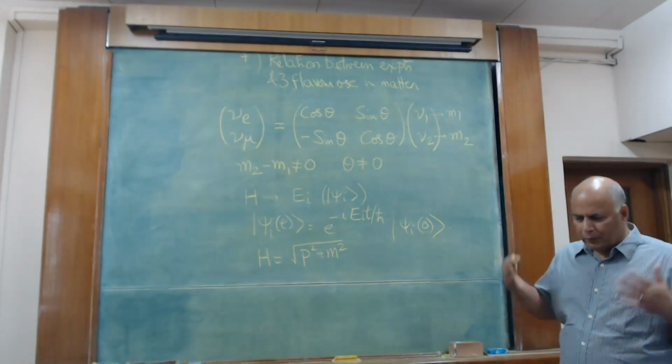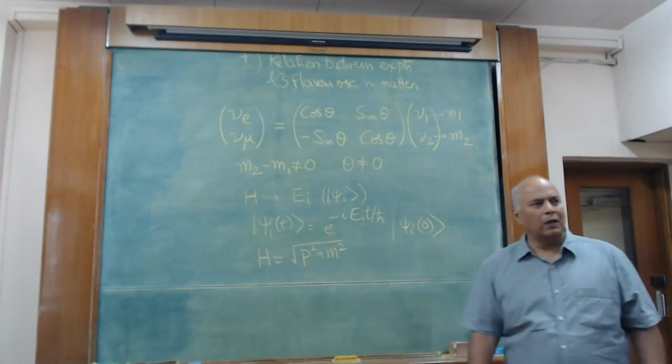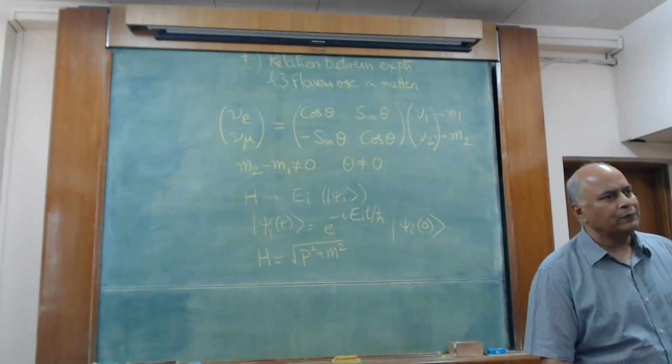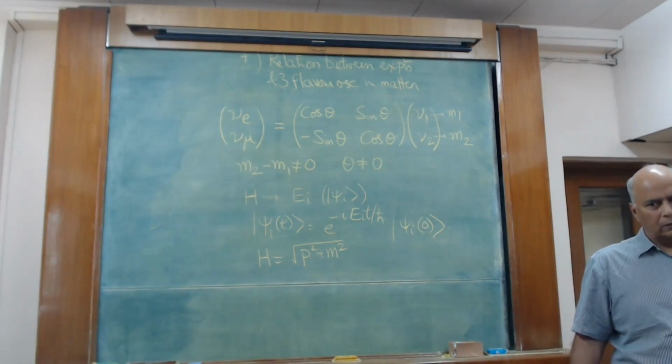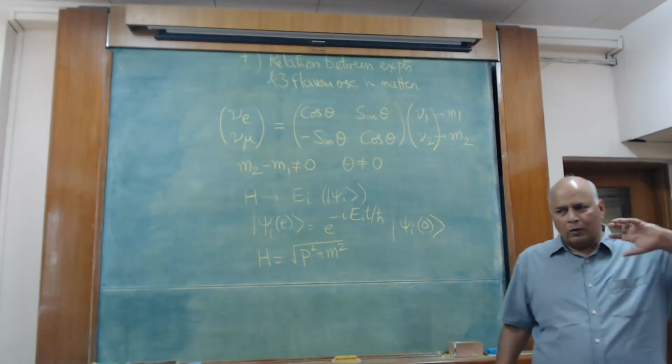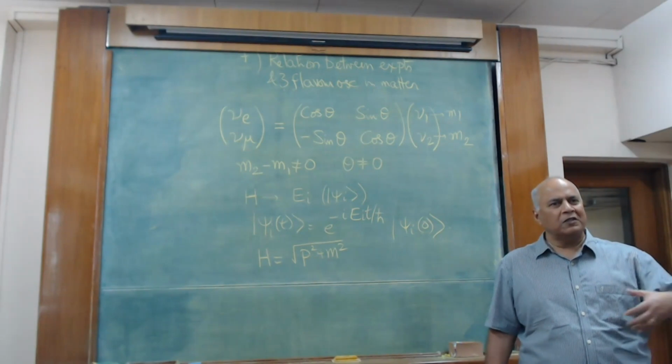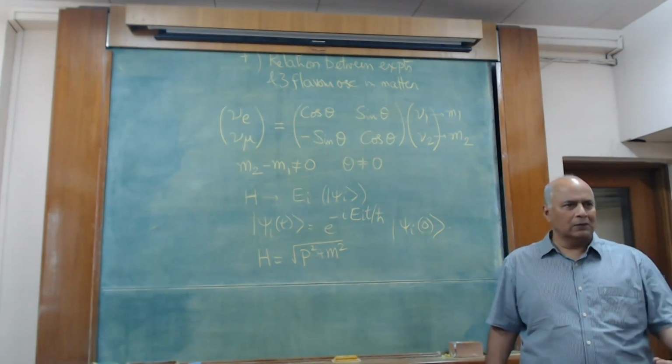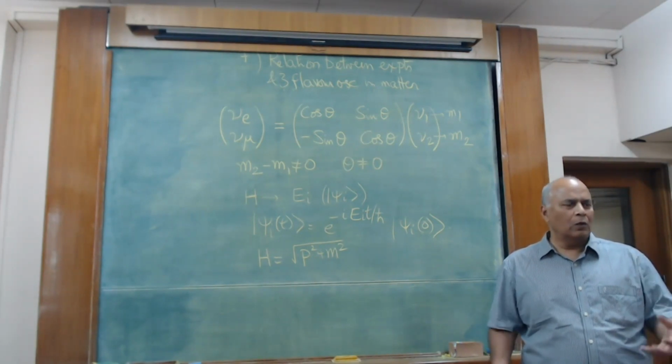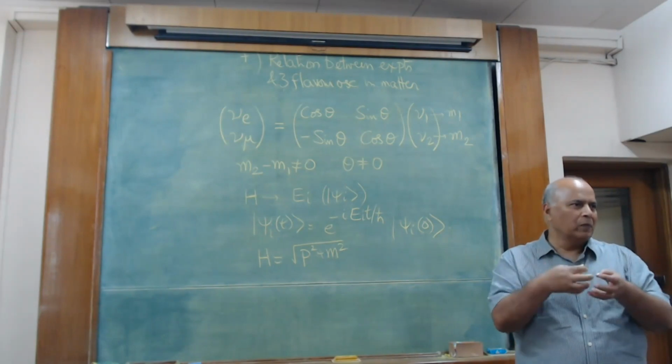So Wigner proved a very famous theorem in 1939, where he asked, if I want to construct a relativistically invariant Lagrangian, what should be the primary building blocks?